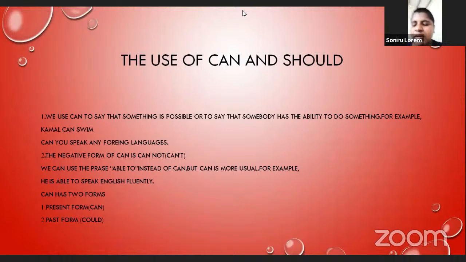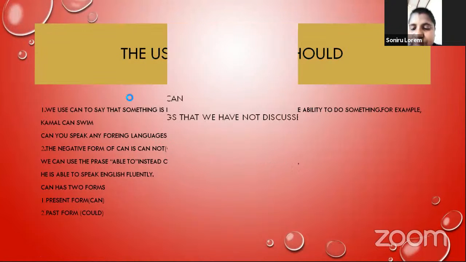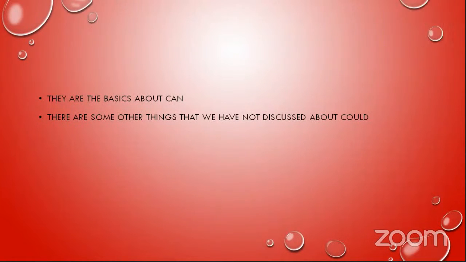I will tell you an example so that you can understand it easily. He can jump. It's a simple sentence that we can form by using this structure. That means we use can to demonstrate that somebody has an ability to do something, and we also use it to say that something is possible to happen.